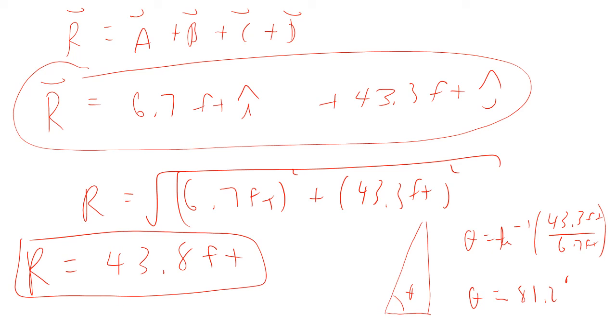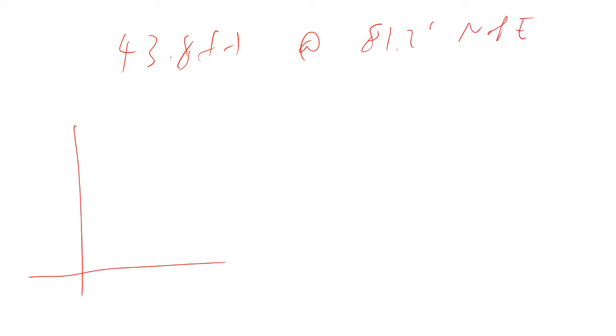Would you write that as 43.8 feet at an angle of 81 degrees north of east. So it's like this, so there's my angle theta. Another way of writing it would be to give the angle phi.